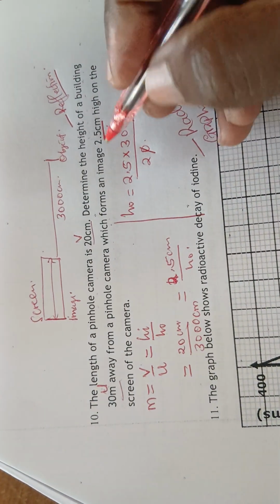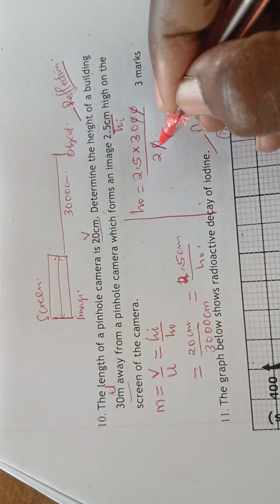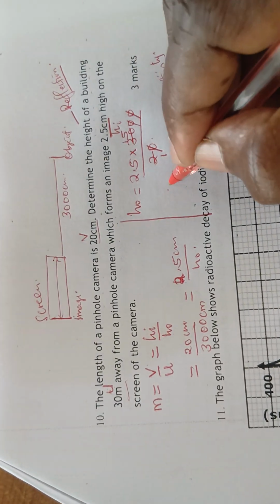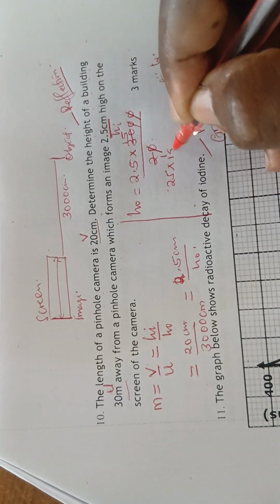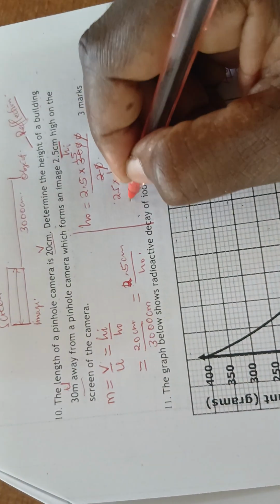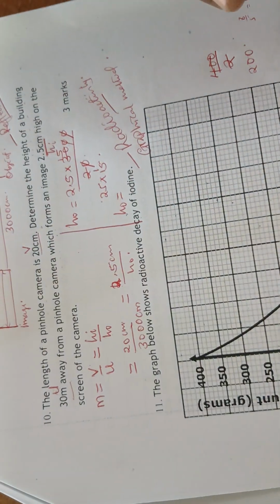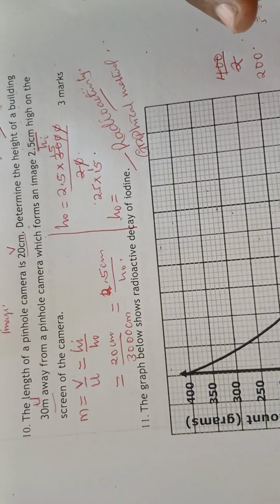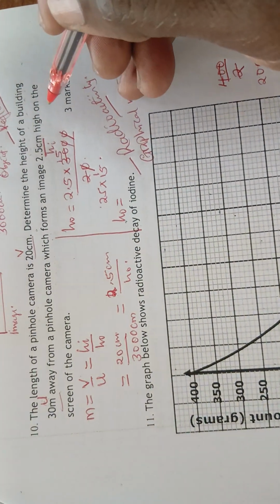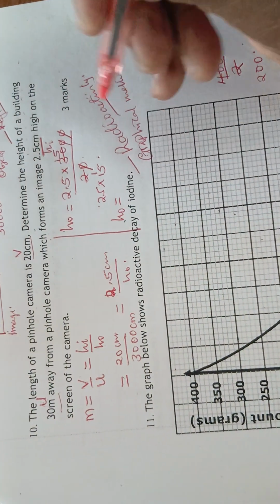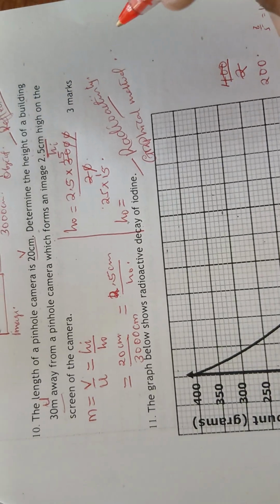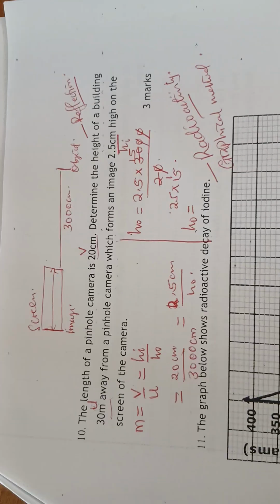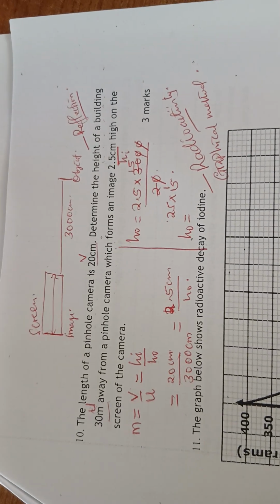So you can see at that particular point, that is 1 by 15, so we have 25 multiplied by 15. That will give you the height of the building. They're not very specific, so you can give it in centimeters, or you can convert it to meters, depending on how you want to have it.